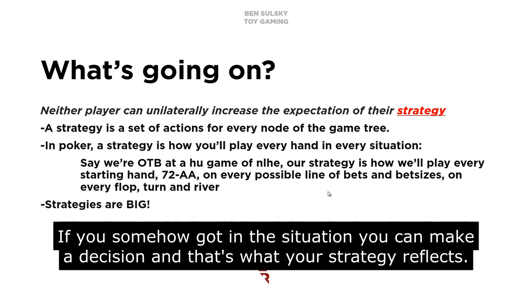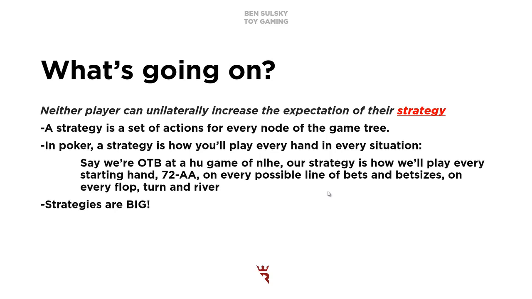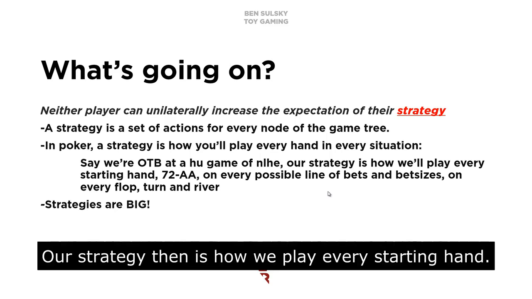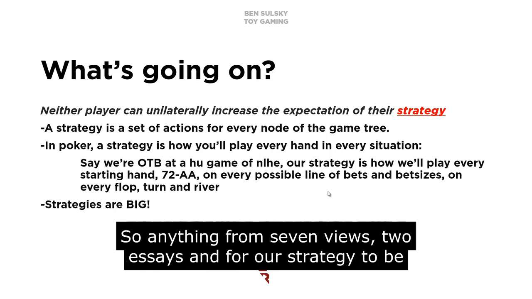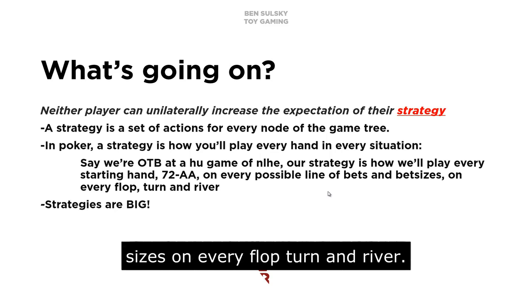So, say we're on the button in a heads-up game of No Limit Hold'em. Our strategy then is how we'll play every starting hand, so anything from 7 deuce to ace ace. And for our strategy to be complete, we have to explain how we play that on every possible line of bets and bet sizes on every flop, turn, and river.